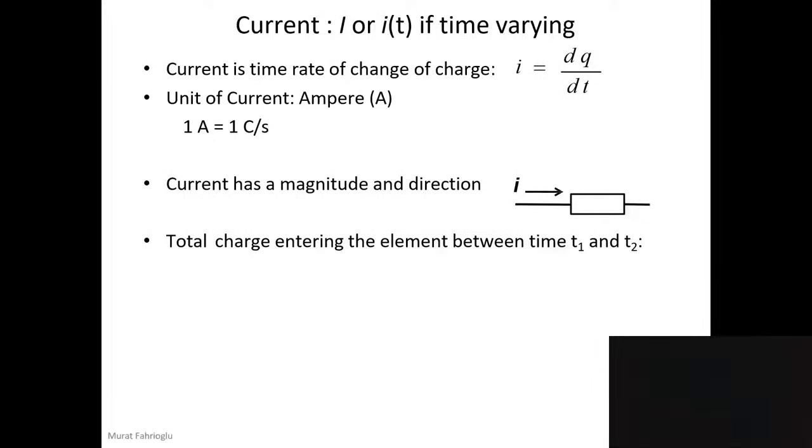Now we can study the definition for the current. It is indicated by capital I. Definitely, we can say it is also varying with time, so I of t means time varying. Current is nothing but the time rate of change of charges.